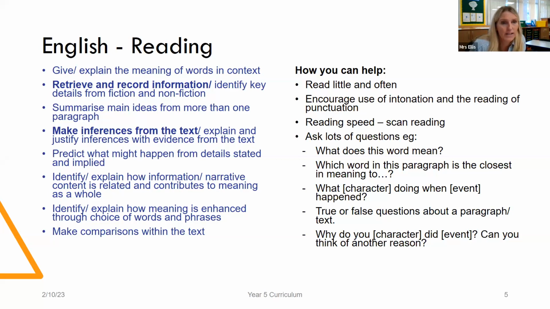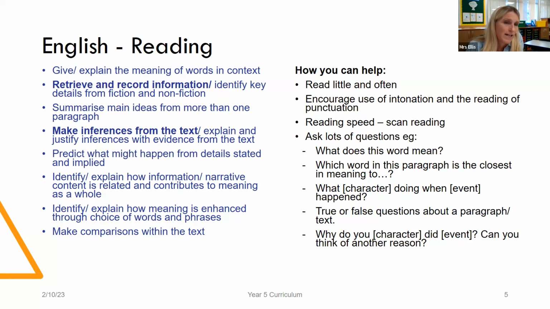In our second Vipers lesson, we then look at retrieval questions and different types of questions related to that text. So that might be straightforward retrieval questions where they literally have to find in the text the answer and write it down. We have the more challenging aspect of that, which is making inferences.